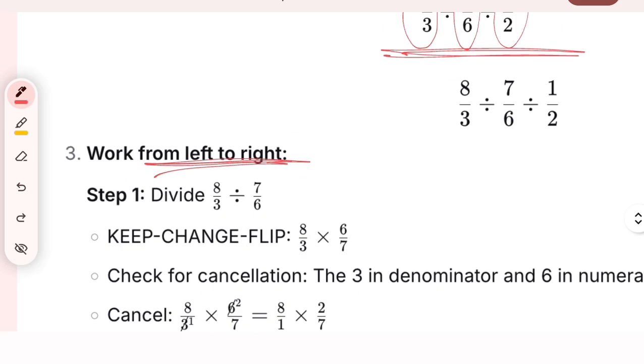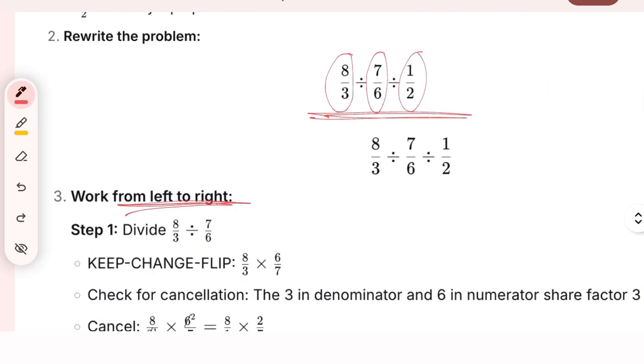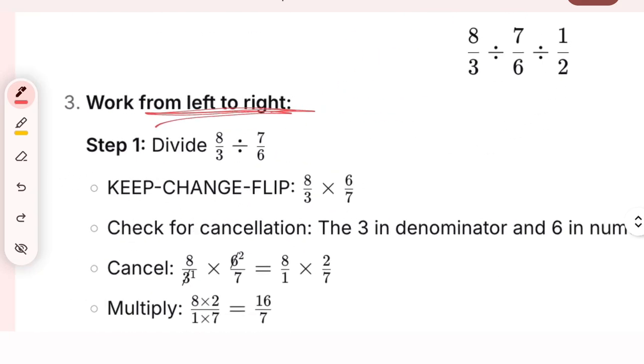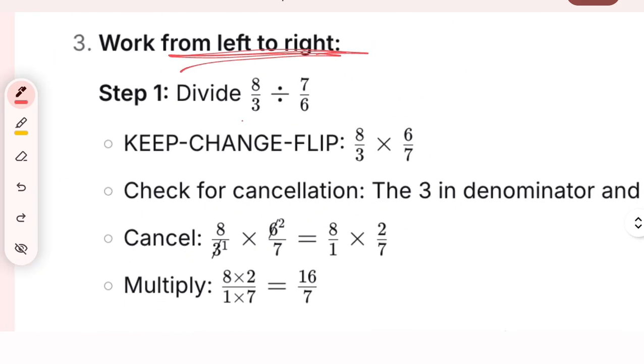So here, if you have 3 fractions divided, you work from left to right. First you need to divide 8/3 divided by 7/6. You need to apply keep, change, and flip. So keep 8/3, then change it to multiplication, and then you flip this one into 6/7.